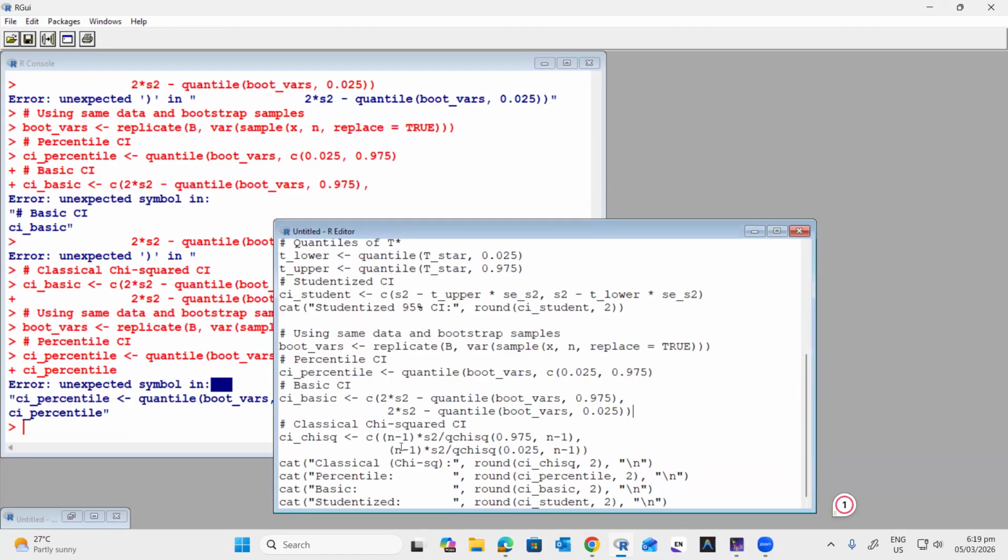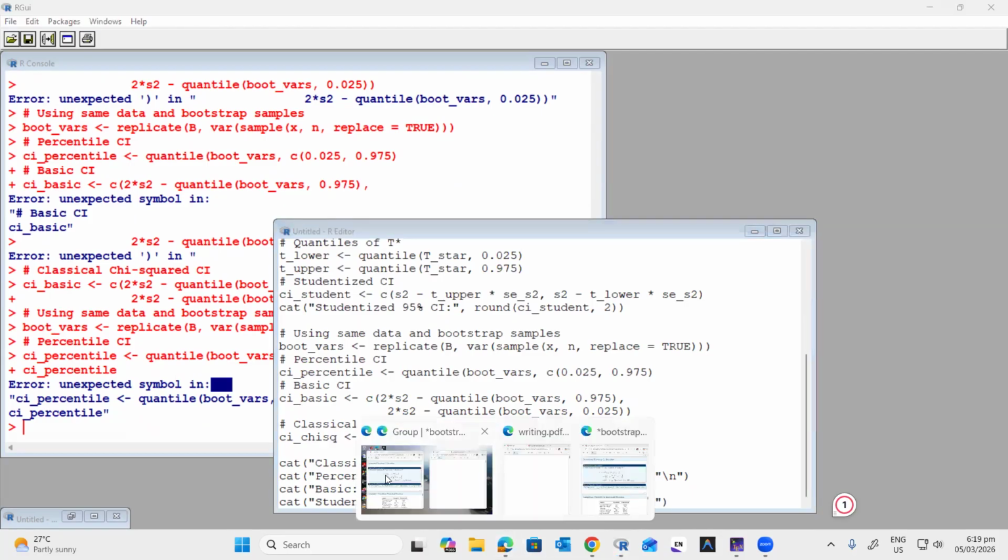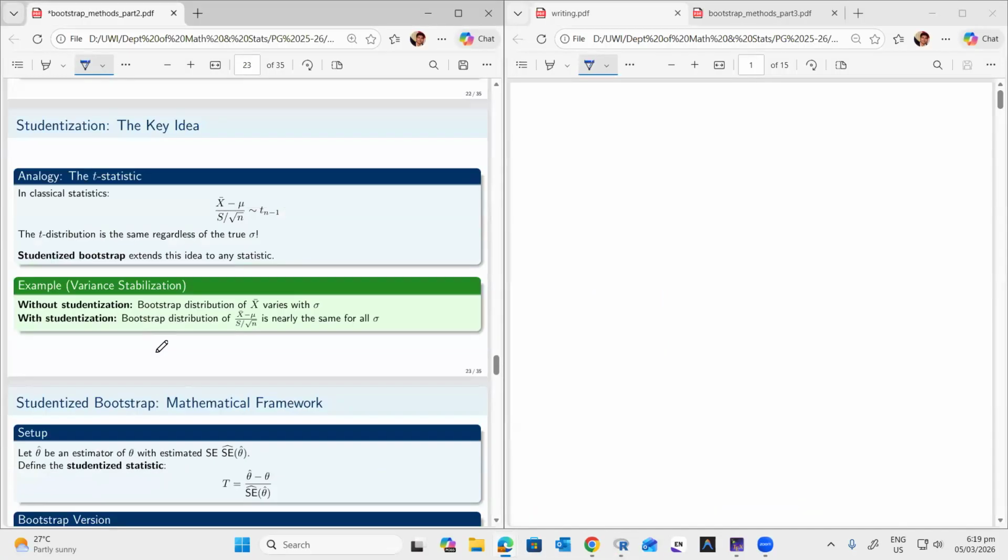For the chi-square, we just check the chi-square confidence interval, that is n minus 1 times h2 divided by the chi-square quantile 0.975 with n minus 1 degrees of freedom, from the formula that we discussed here.